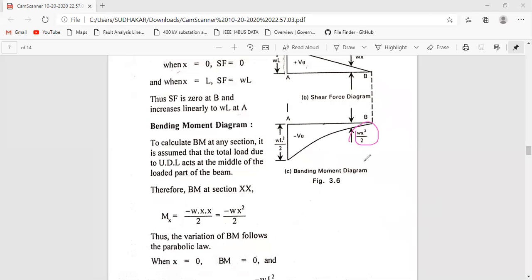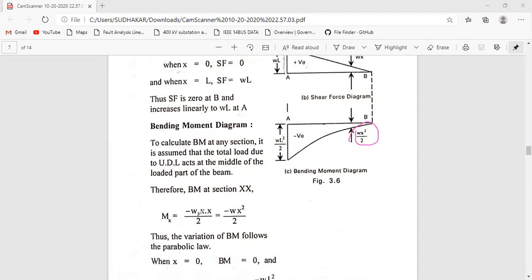This is W x square by 2. How does it come? I will explain from the problem point of view. If you understand it from the problem point of view, it will be easy for you. Minus W x into x square by 2. Just remember this one. Definitely, I will explain.